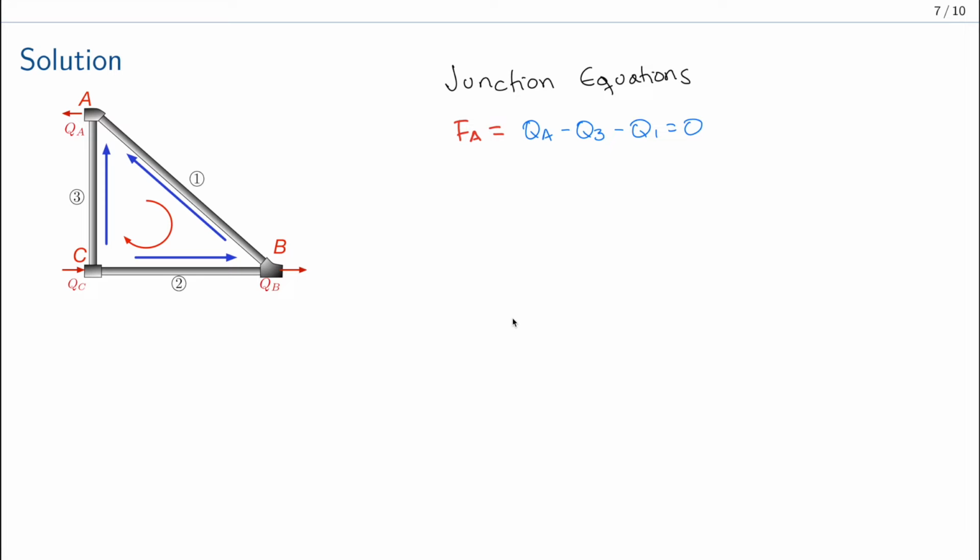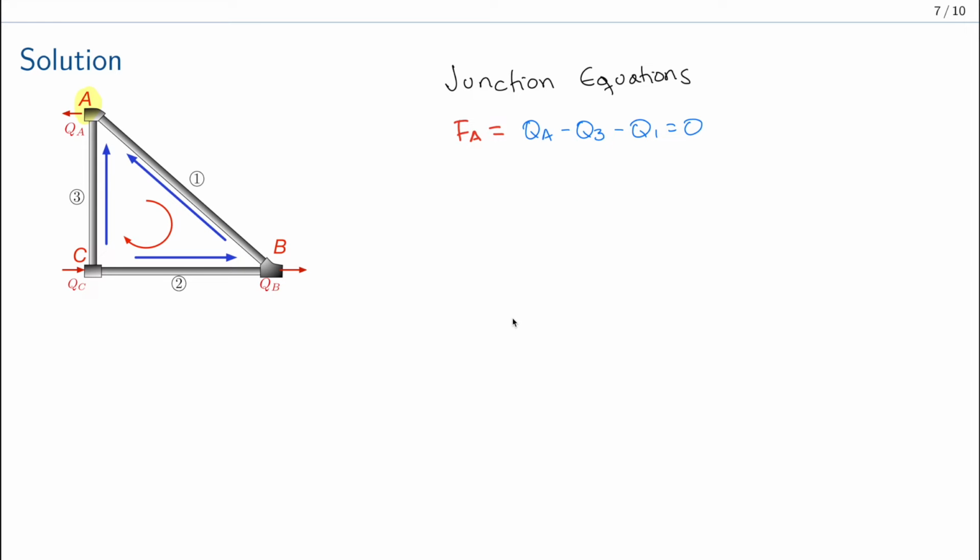So the first one is A. For A we have two inflows and one outflow. So remember that we are assuming inflows are negatives and outflows are positives. So the equation for junction A is QA minus Q3 minus Q1, and that should be equal to 0.